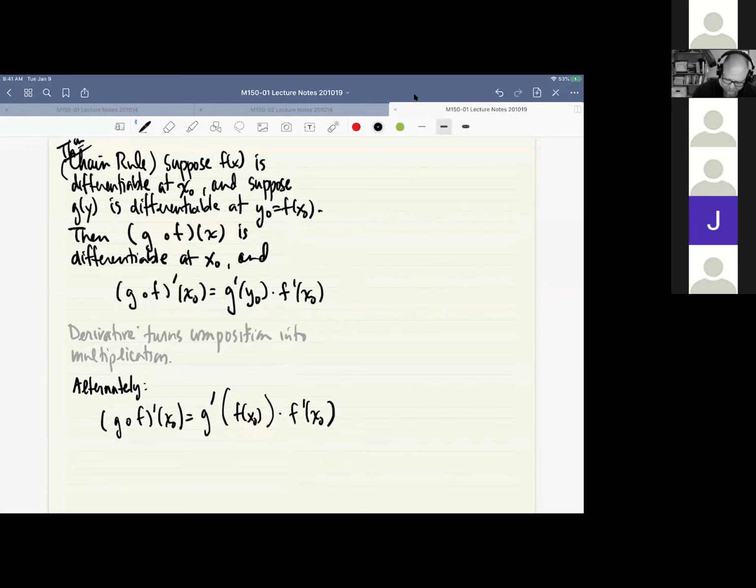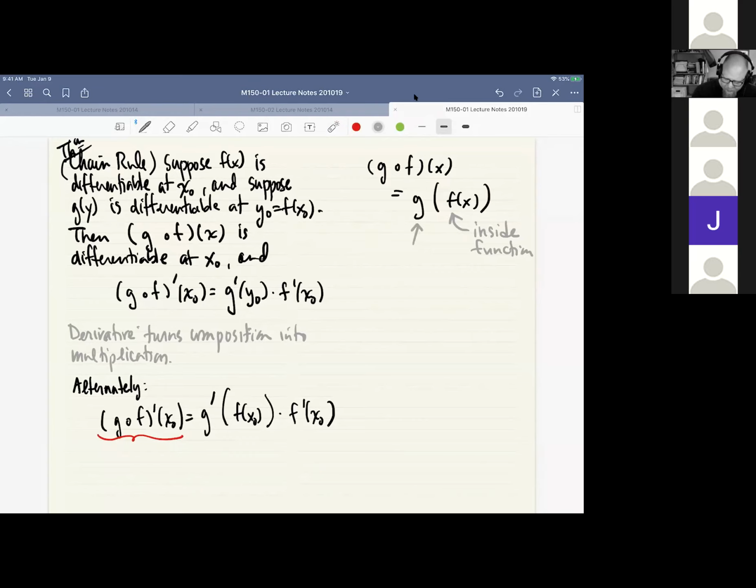And then if you look at the left side here, let's come over here. G composed with f at x, right? That's g of f of x. So if you call f of x the inside function because it's inside g, you can see it's inside g.